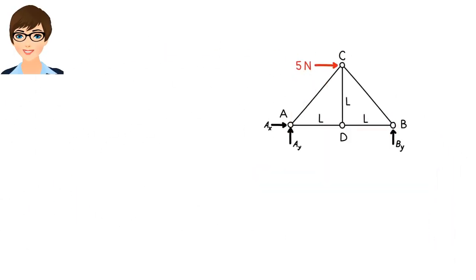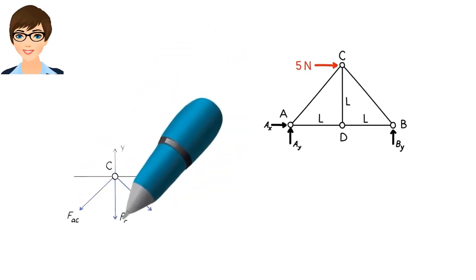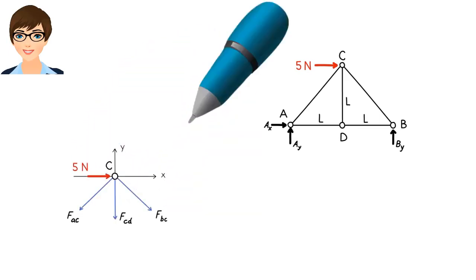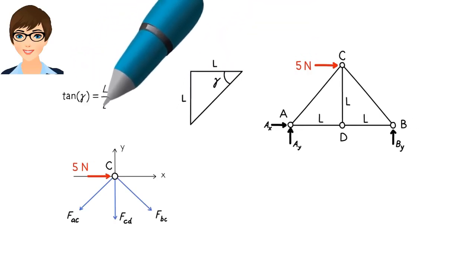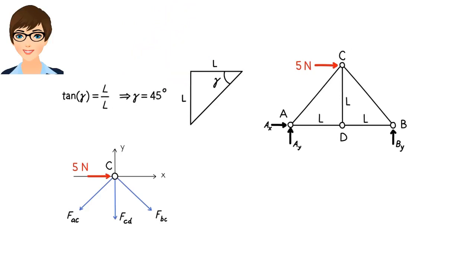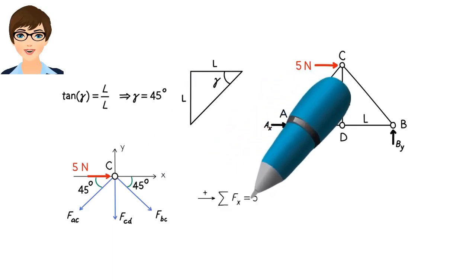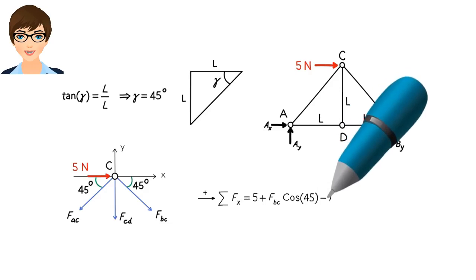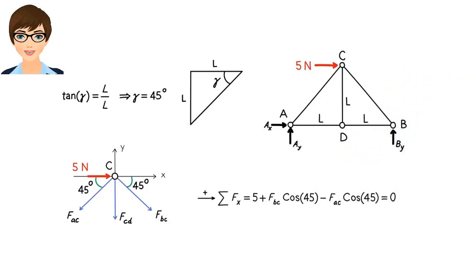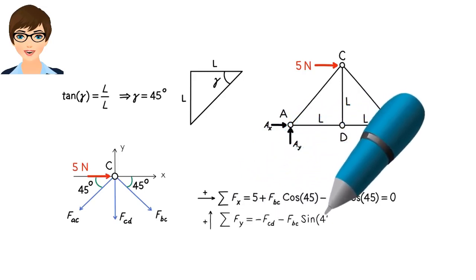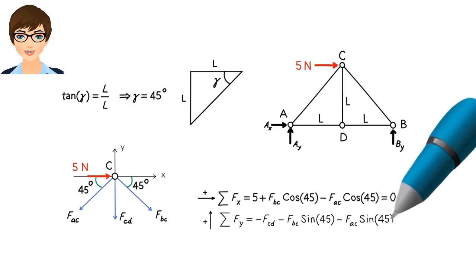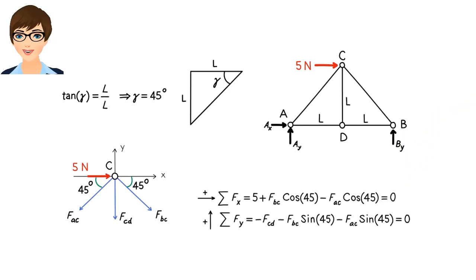For joint C, we get sum of the forces in the x direction equals, and sum of the forces in the y direction equals, these equations we label 5 and 6.